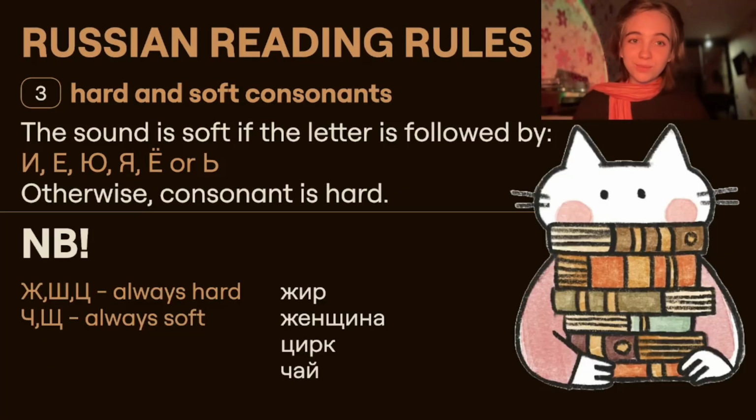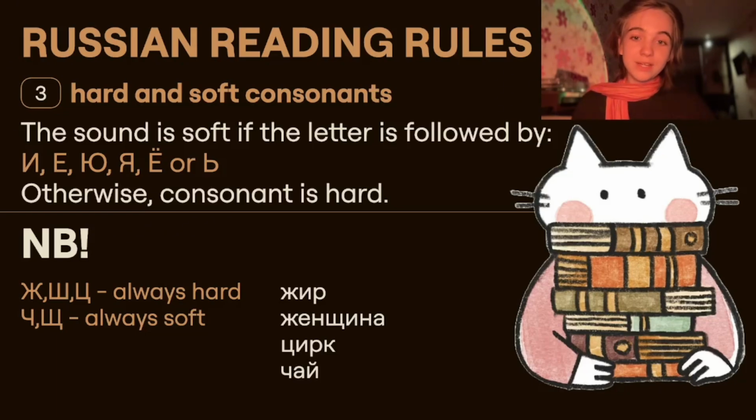Of course, it wouldn't be the Russian language if we didn't have some exceptions here. So, letters zh, sh, and ts are always hard. Even if they are followed by I or ye, we still pronounce them hard. We're not trying to make them soft. We change the vowel, not the consonants. For example, the word жир. You see, zh is followed by I, but we're not trying to say soft zh.